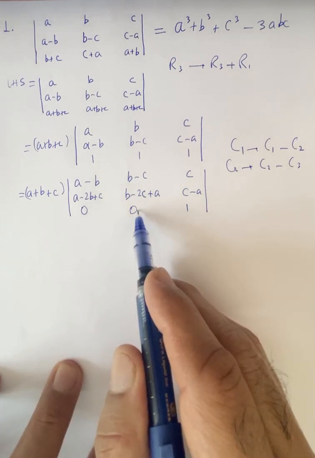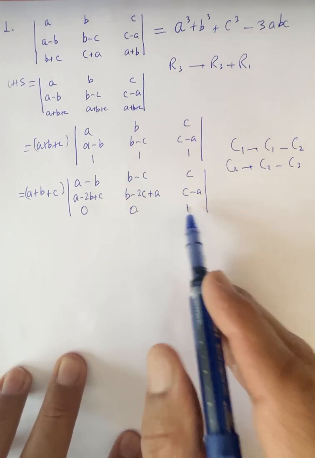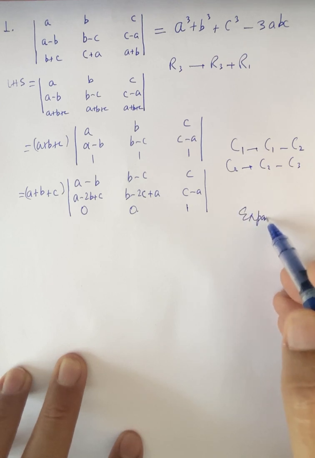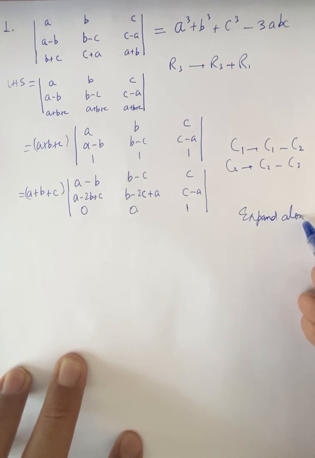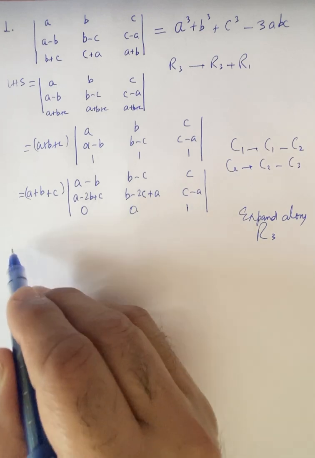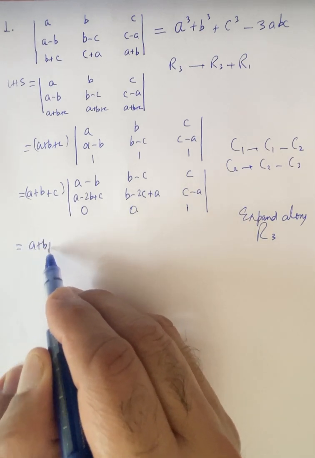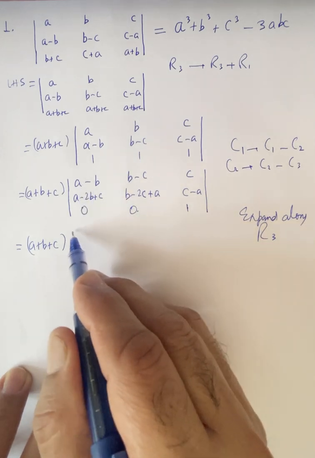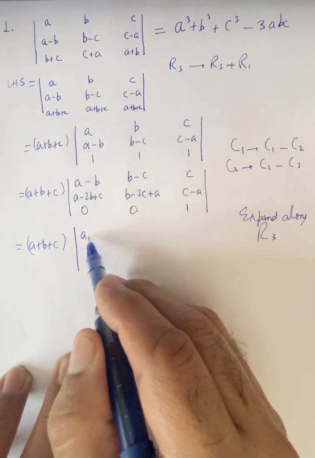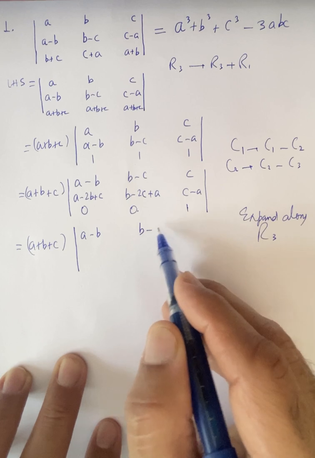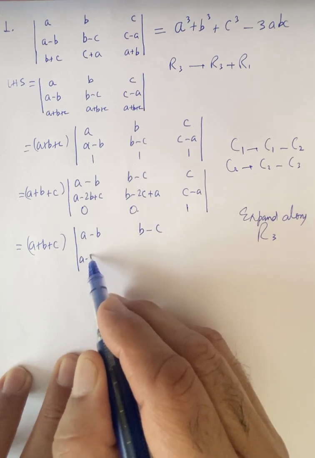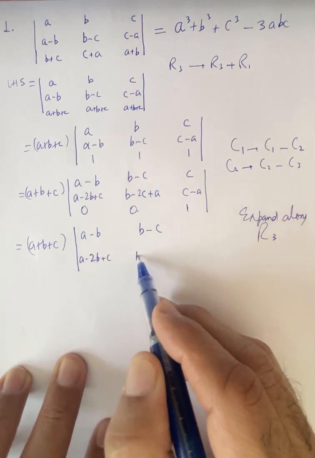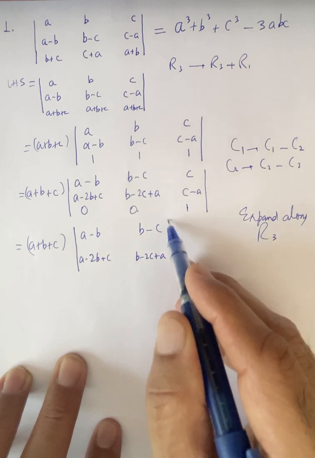Now we have two zeros and this is 1. So we expand along the elements of the third row. So it's a plus b plus c, this product: this is b minus c, then a minus 2b plus c, and this is a.